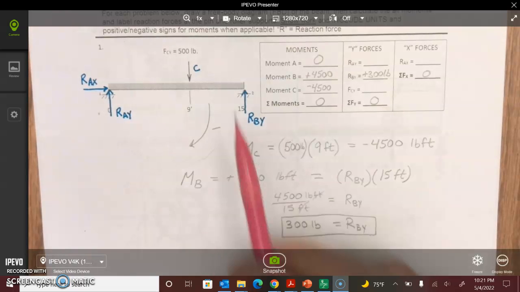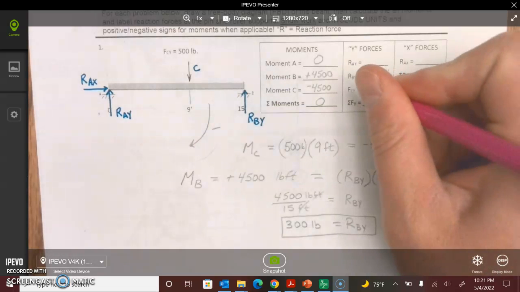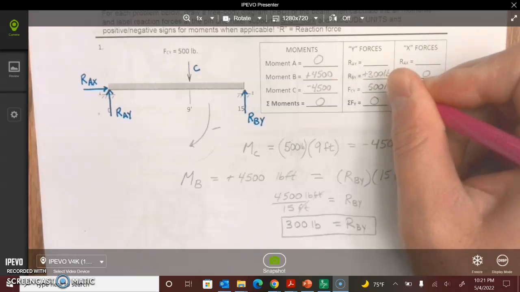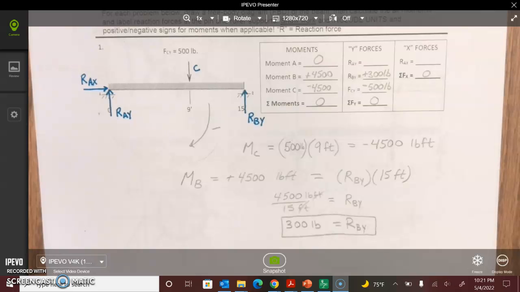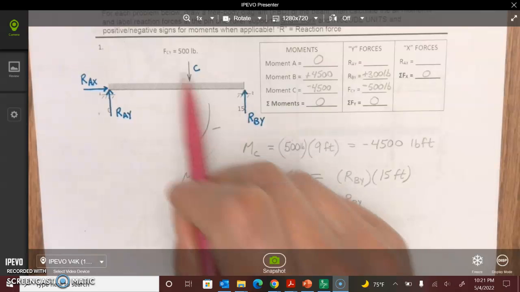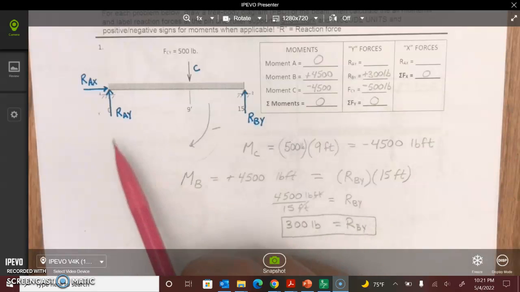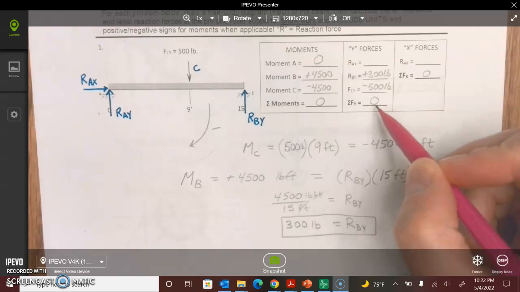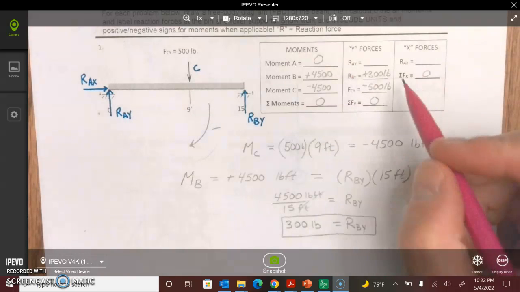Alright? Well, FCY, we see that that's pointed downwards, and that's 500 pounds. So I'm going to put that over here as well, but it's negative 500. This is going in the downward direction. You see how these two forces are opposing each other. Alright? So if these three forces have to add up to be 0 in the y direction, what would RAY be?